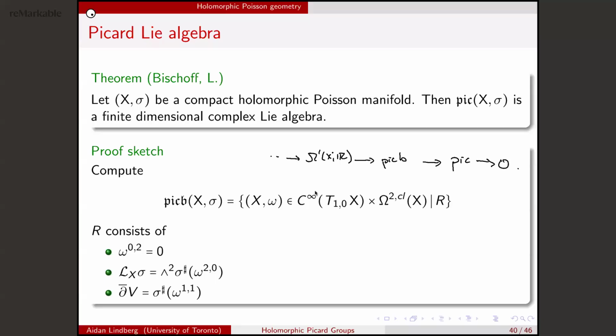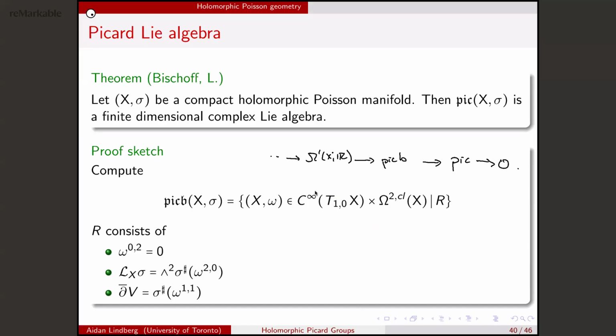This Pic B, you can compute it to be the following thing: all (1,0) vector fields on X and closed two forms, which have to satisfy a bunch of relations that I wrote down here. These relations are actually really interesting, but not super important.